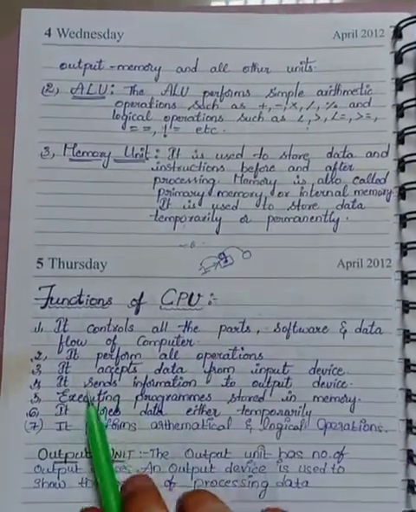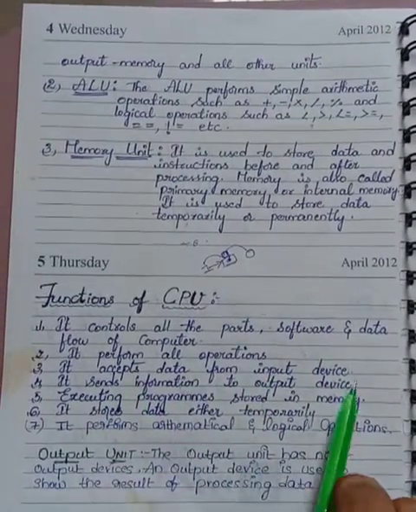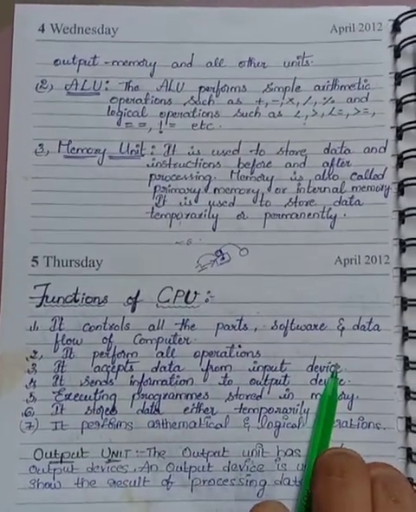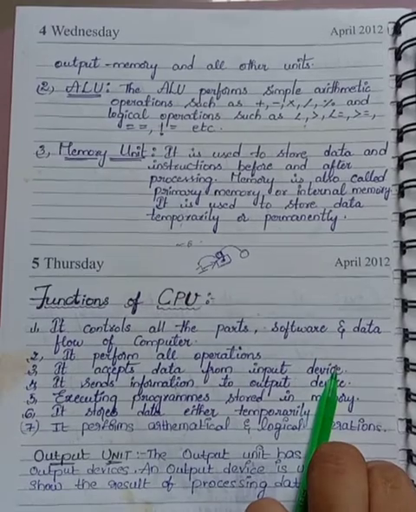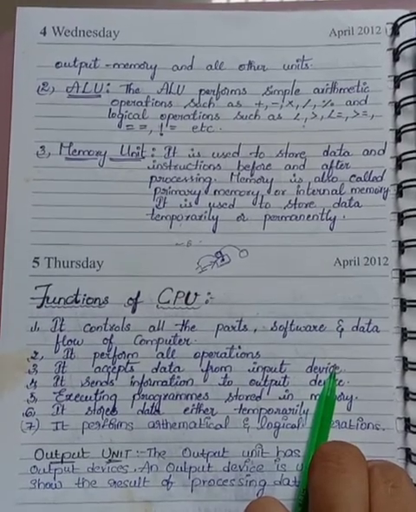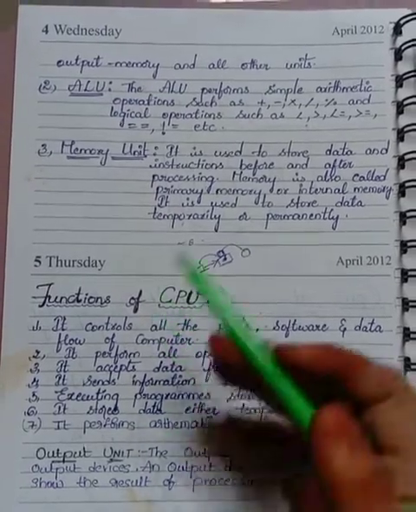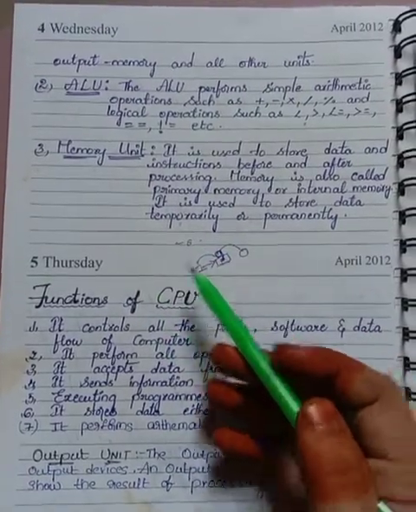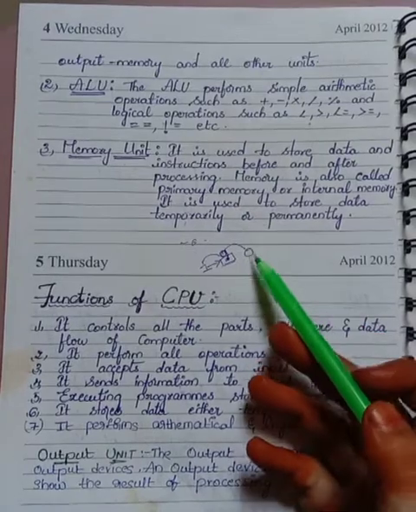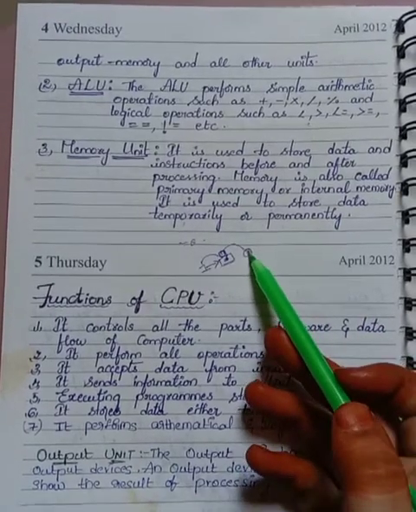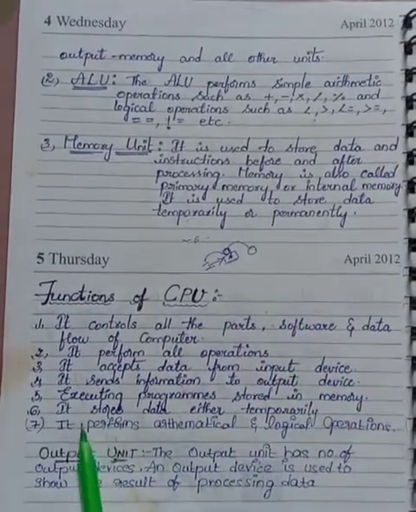So here we are discussing that it accepts data from the input device. What are the input devices? Input devices are keyboard, mouse, etc. These are all input devices. It sends information to the output device, means whatever operation it does, it gives the result to the output device. What are the output devices? Output devices are like monitor and printer.